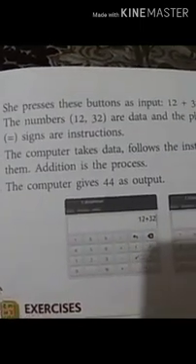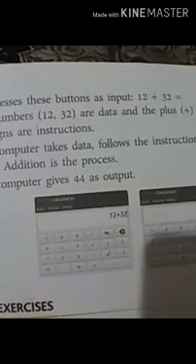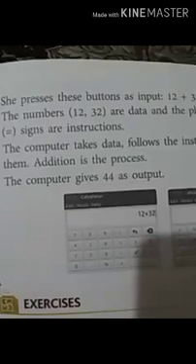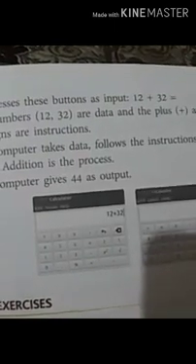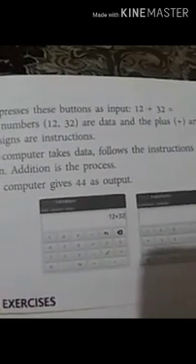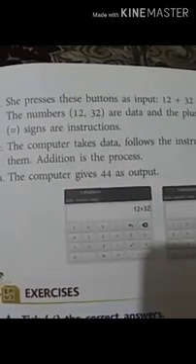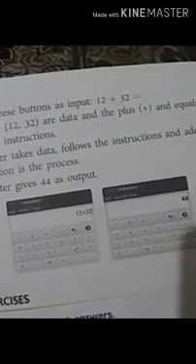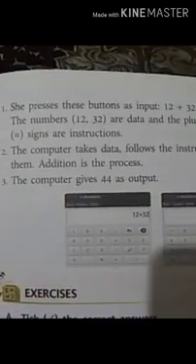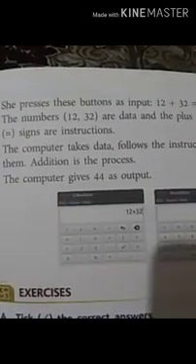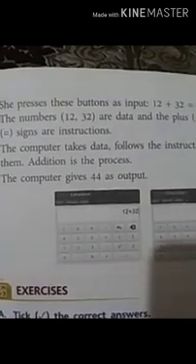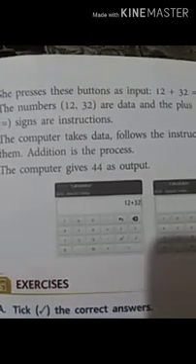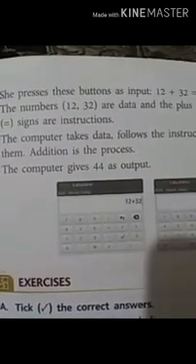She presses these buttons as input: 12 plus 32 and equals. The numbers 12 and 32 are data, and the plus sign is also data, a sign of instruction. The computer takes the data, follows the instructions, works upon it and does the addition. When the computer processes, it gives us 44 as the output. So this is the output.